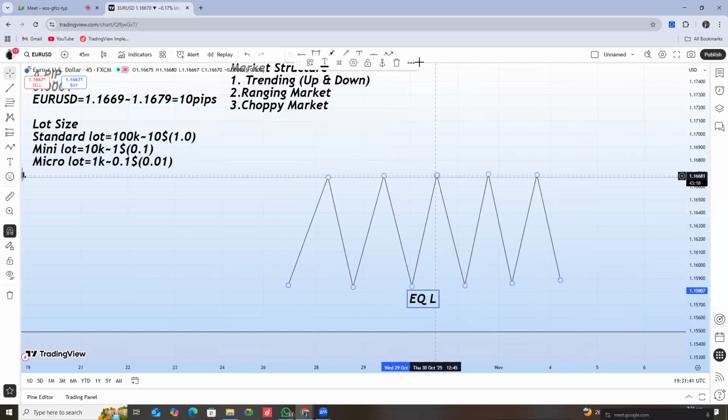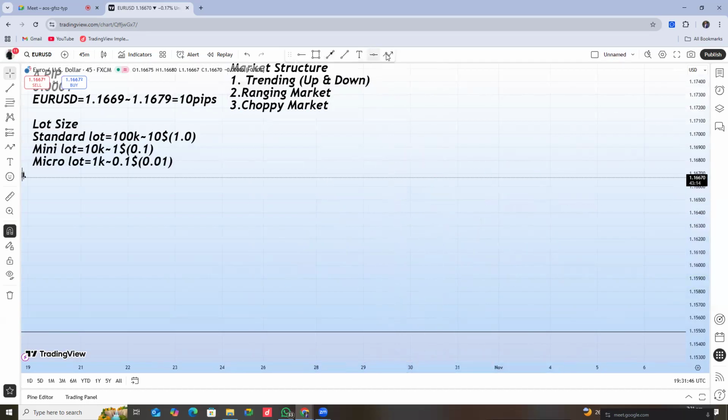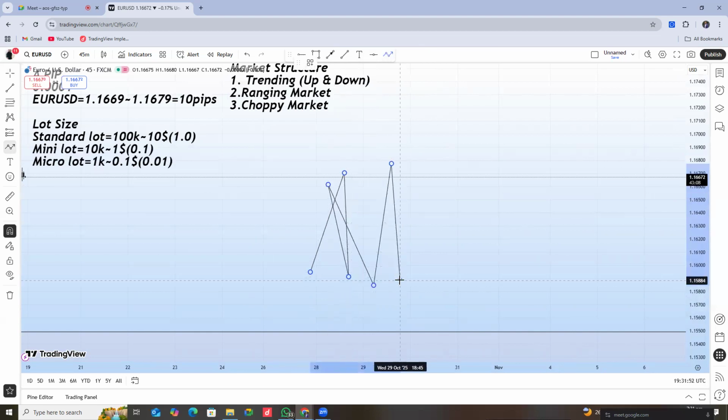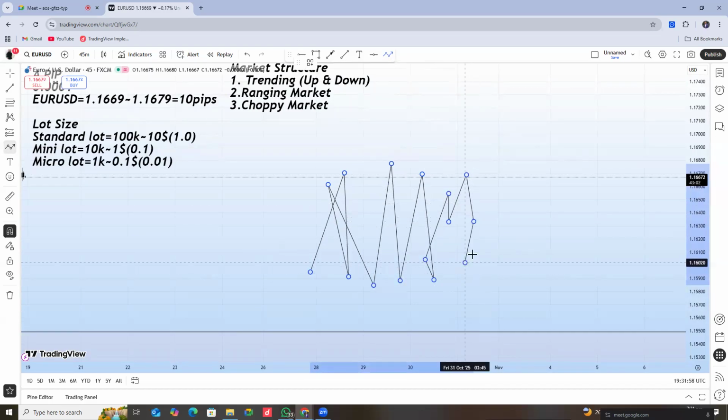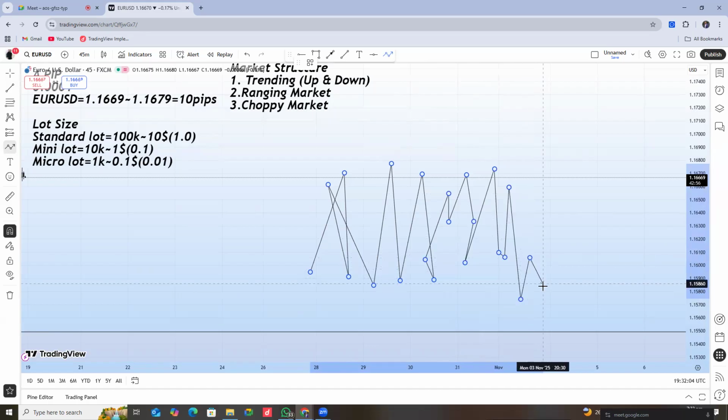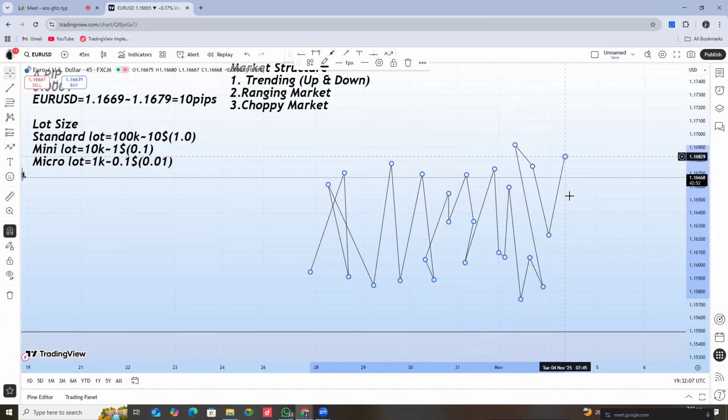Now for the choppy markets, it moves in a very irregular manner. You can't really tell if it is ranging or it is going up. Whatever it is doing, you can't really tell. Something like this, it's just clumsy.